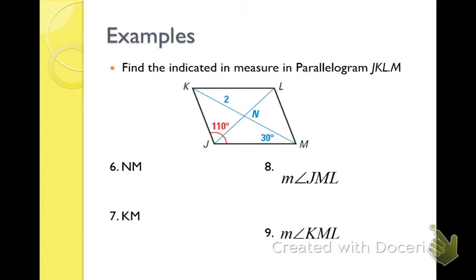Okay. Find the indicated measure in parallelogram JKLM. What's NM going to be, Faith? Why is it 2? Yeah, they bisect each other, so if this is 2, NM is 2.